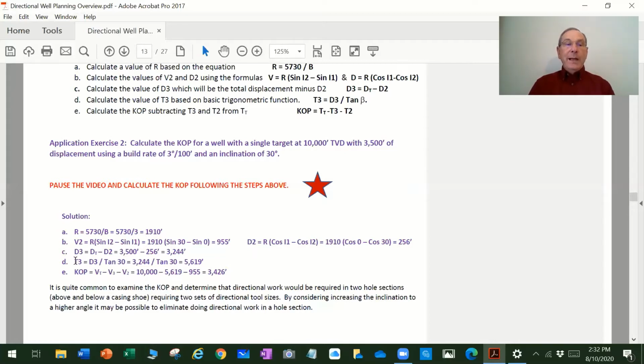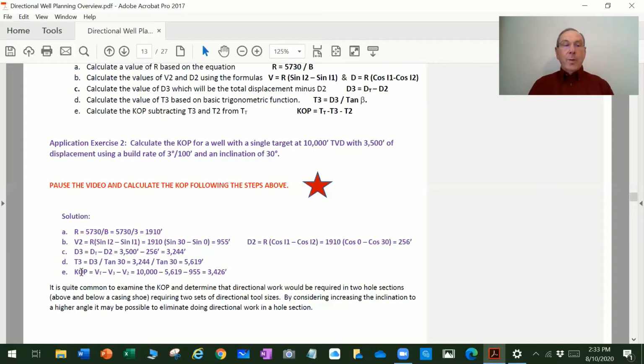So the TVD for section number 3 while we're holding angle is this additional displacement needed, 3,244 feet, divided by the tangent of 30 degrees, which is 5,619 feet. And now we have all the information we need to calculate the kickoff point.